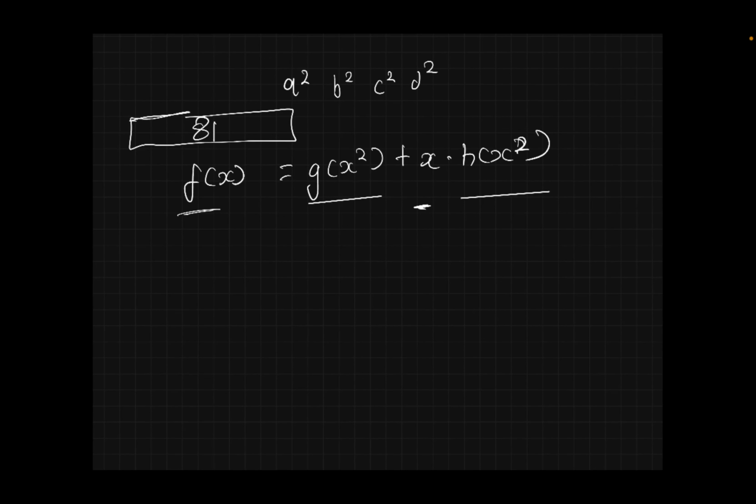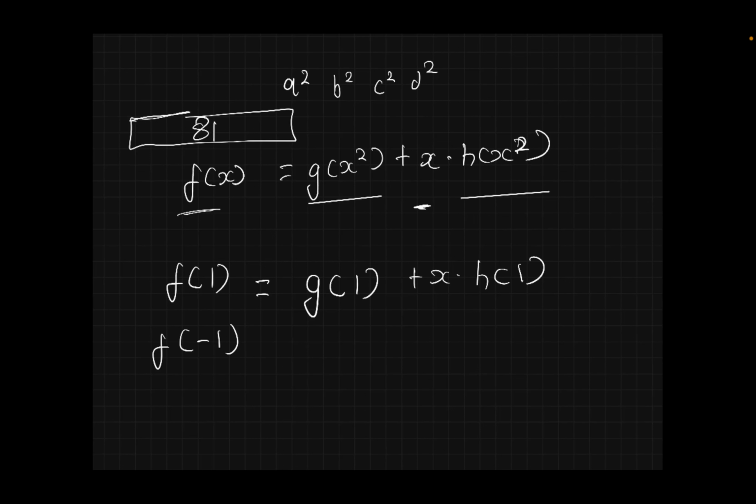But now you have two points where x squared is actually the same. So let's say you wanted to evaluate f of 1 and f of minus 1. That's going to be g of 1, and this is g of 1 also.